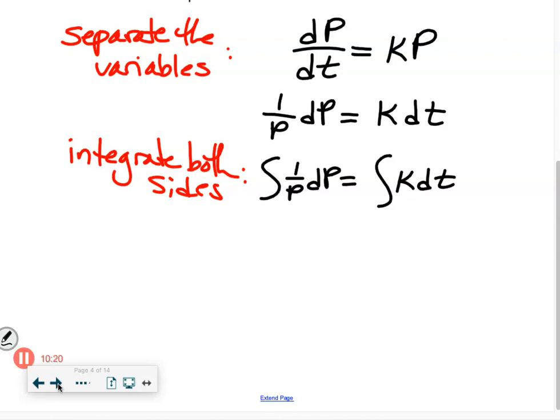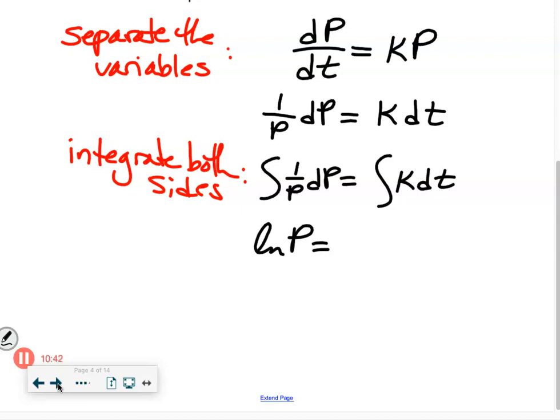So we have to integrate 1 over p dp. What function has a derivative of 1 over p? ln absolute p. So I am not going to write ln absolute p. I'm going to be a rebel and just write ln p.